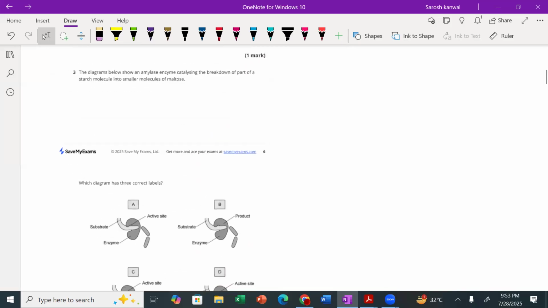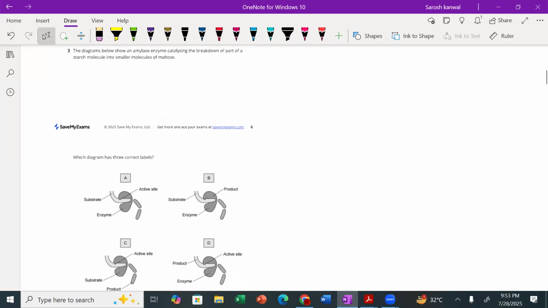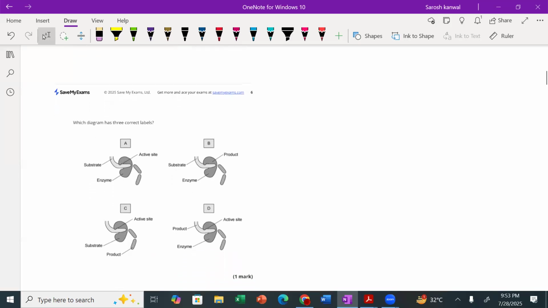Okay, the diagram below shows an amylase enzyme catalyzing the breakdown of part of a starch molecule into smaller molecules of maltose. Which diagram has three correct labels? Yes, this is for Laiba. Mom, can you please zoom in a bit?